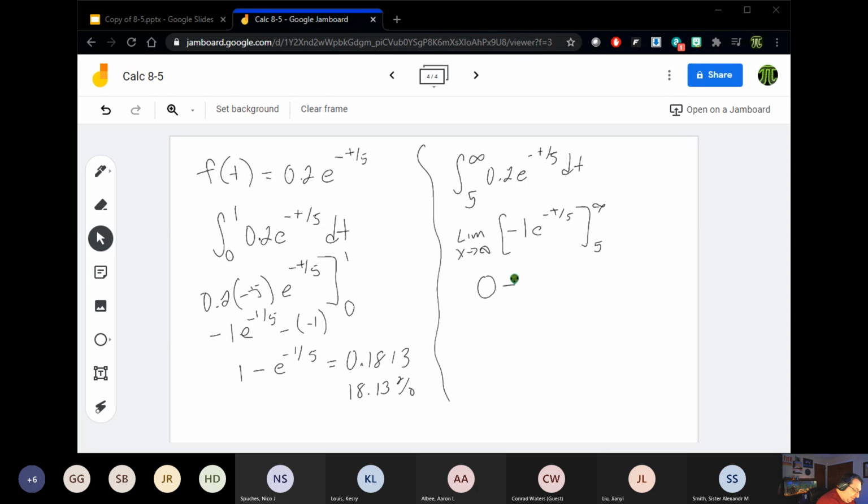Then if I plug in 5, I get negative e to the negative first power. So the answer is 1 over e, which is approximately 0.368, or 36.8% of the people wait more than 5 minutes.